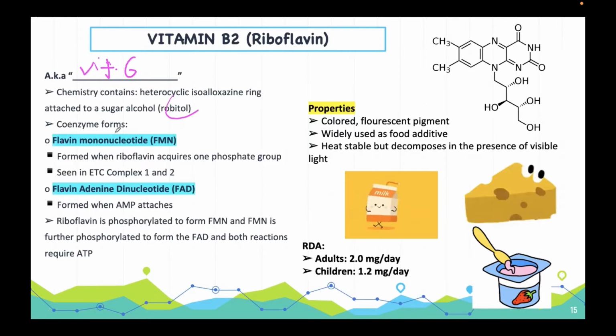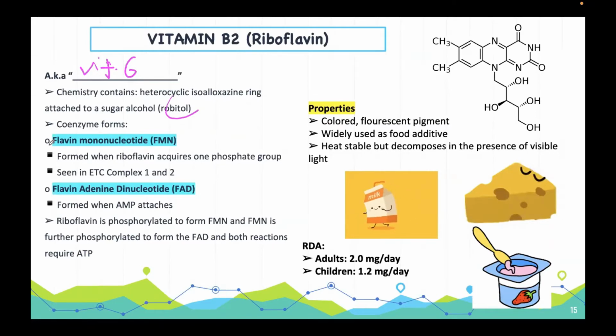For your vitamin B2, meron lang tayong dalawang mahalagang coenzyme forms, flavin mononucleotide and flavin adenine dinucleotide.